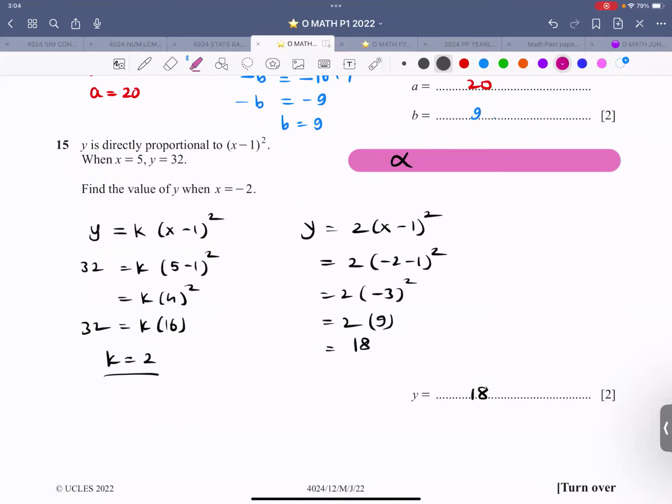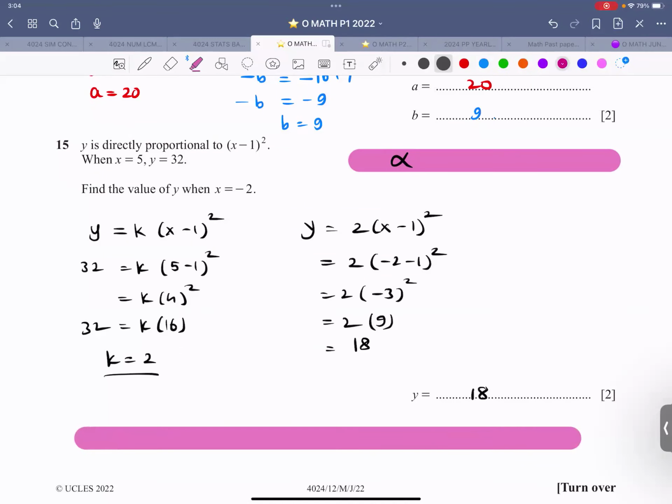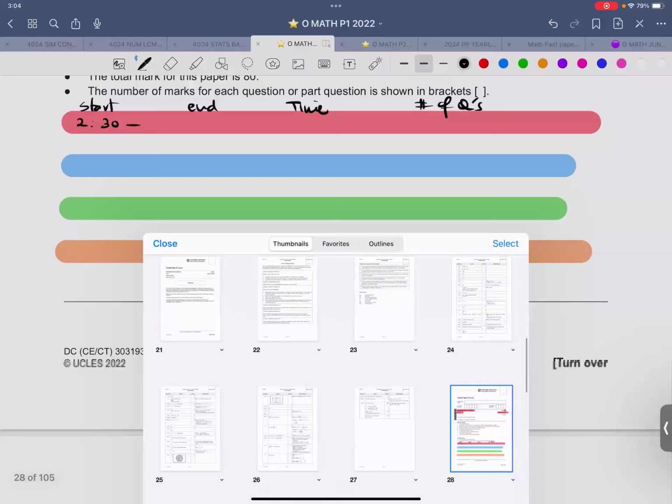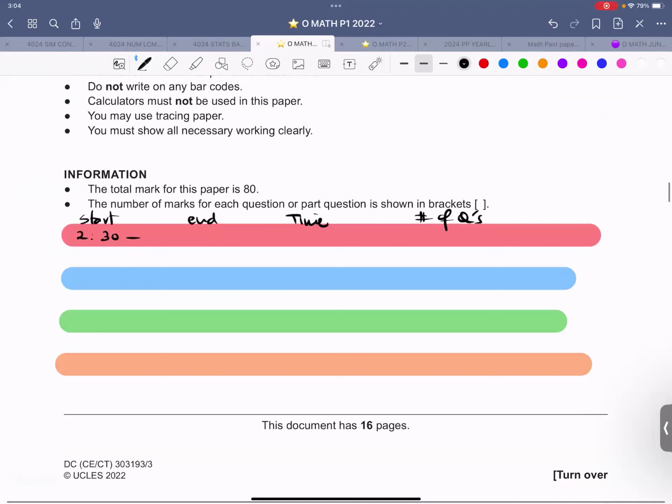So now I'll take a short break and I can do that even in between the exam, nothing to worry, maybe like 2 minutes. And before that, let me just go back and see the time is 3:04. So we started at 2:30.